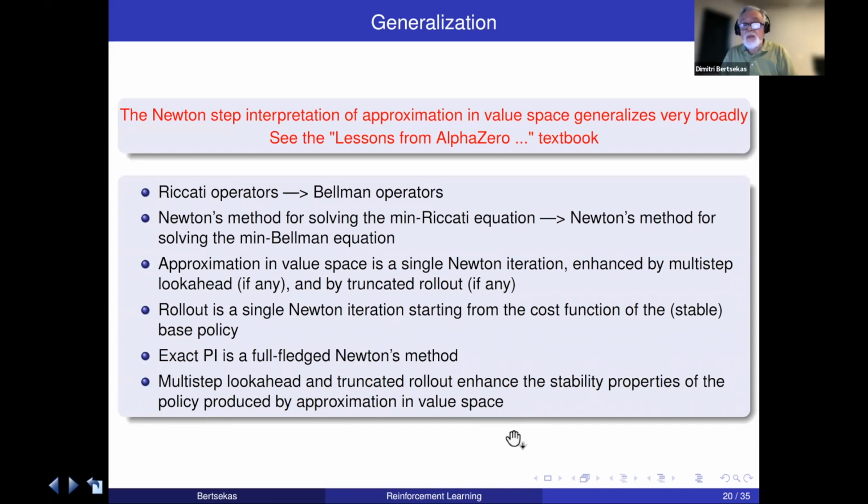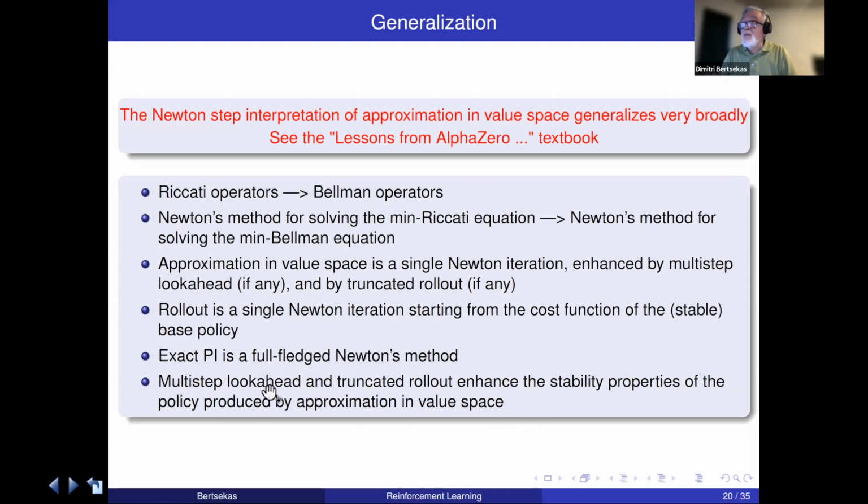How close you get to the optimal policy depends on how much multi-step lookahead you do, how much truncated rollout you do. At the same time, bear in mind that multi-step lookahead costs computation time, and truncated rollout also costs computation time.